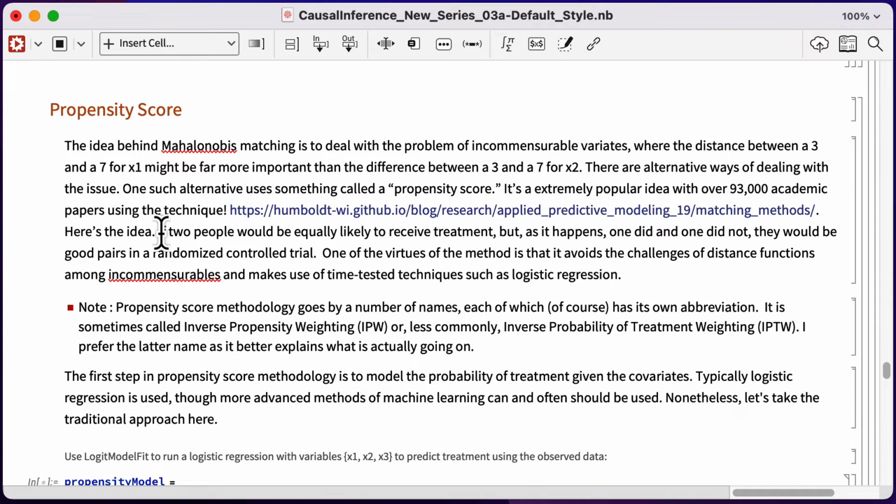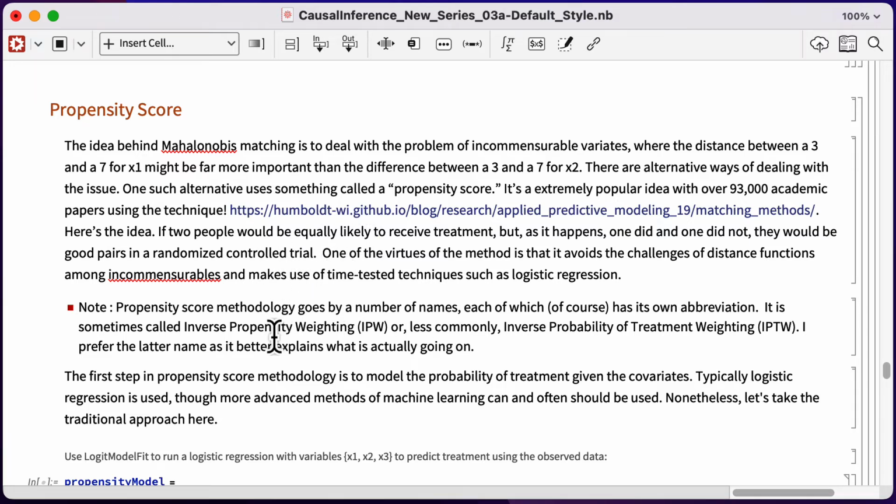Here's the fundamental idea. If two people would be equally likely to receive treatment, but as it happens one did and one did not, those two would be good people to pair up in a sort of pseudo-randomized controlled trial. You want to match people based on their propensity for treatment.